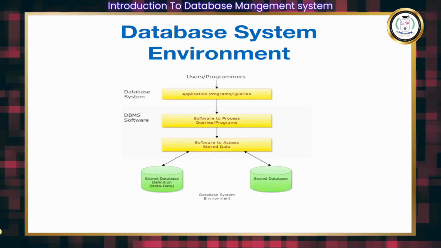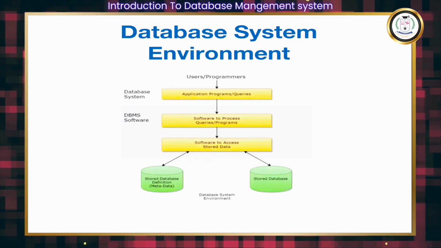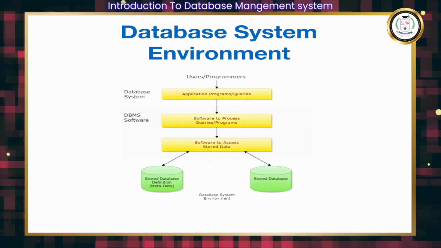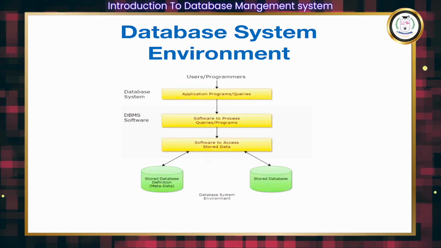Next, let us look at an illustration of a database system environment. Here we have the users or the programmers who write queries or programs, and these queries or programs are processed by the DBMS software. Based on the processed queries, the DBMS software accesses the stored data in the database, that is, it accesses the stored database as well as the metadata.